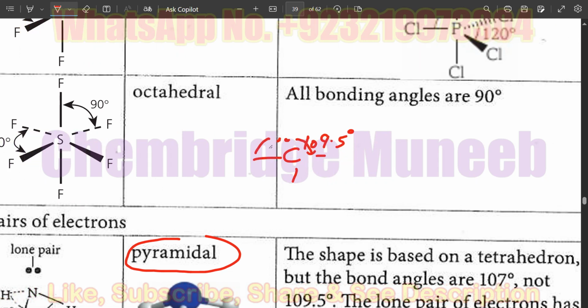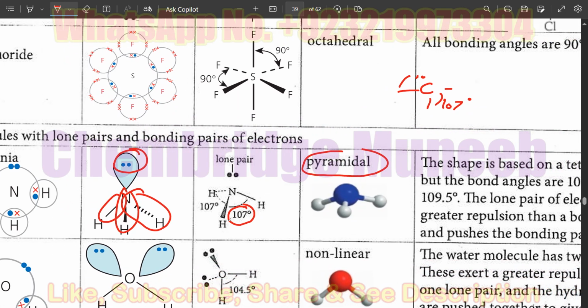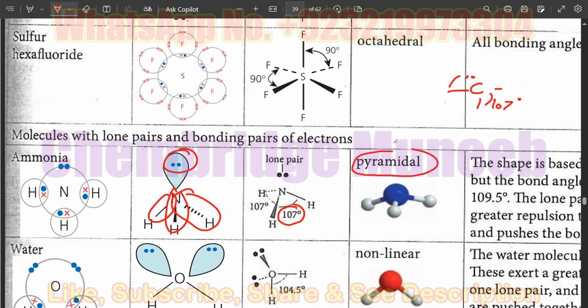These lone pairs are repelling the bonding pairs, so because of this reason, the angle between the atoms will now reduce to 107 degree instead of 109. So that's the reason the angle has reduced when we compare it with the tetrahedral. Is that clear? And the shape of the molecule will be pyramidal.